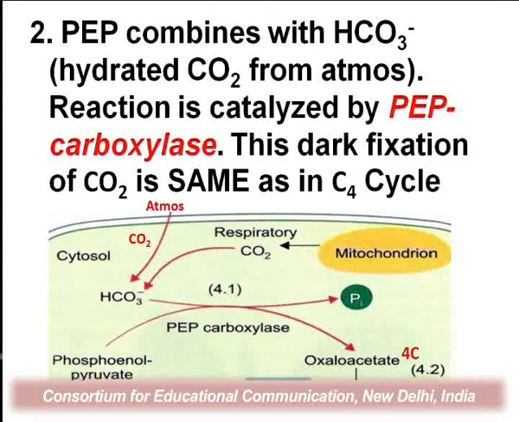The CO2 is taken up from the atmosphere, and if you remember, it is the famous enzyme carbonic anhydrase, which has such a high turnover number, that converts it into bicarbonates. Immediately then the bicarbonates are also contributed by the carbon dioxide released from mitochondria as a result of respiration, and this process takes place during day and night alike.